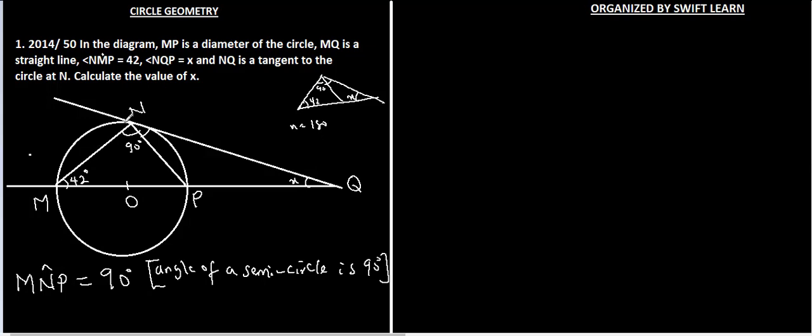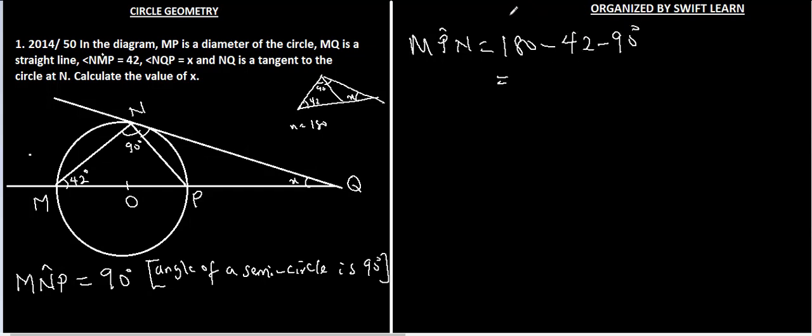I remember that if I can get this, I'll be able to get this because angle in a straight line is 180 degrees. So I want to get P. If I can get P, I'll be able to get this part. Just look at it so I don't move too fast. Okay, let's get P. I know that MPN is equal to 180 minus 42 minus 90 degrees.